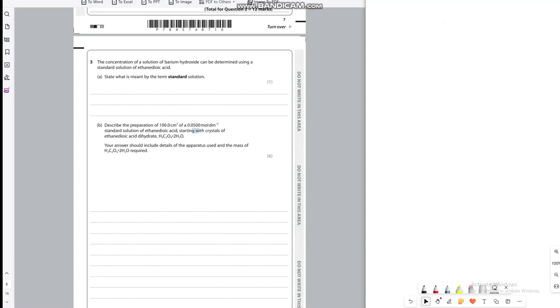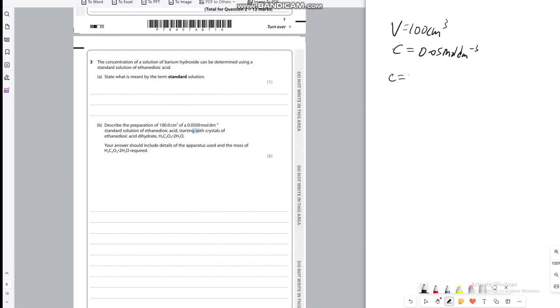First, they have given the volume as 100 centimeter cube and the concentration as 0.05 moles per decimeter cube, and with this you can find the number of moles.